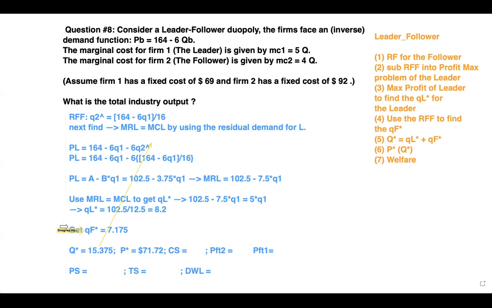But because a leader has this information advantage, they're able to leverage it to the point that not only are they producing more output than they would have produced under Cournot, but they're producing more output than even the lower cost firm is. So anyway, it's pretty dramatic, the impact on our equilibrium.